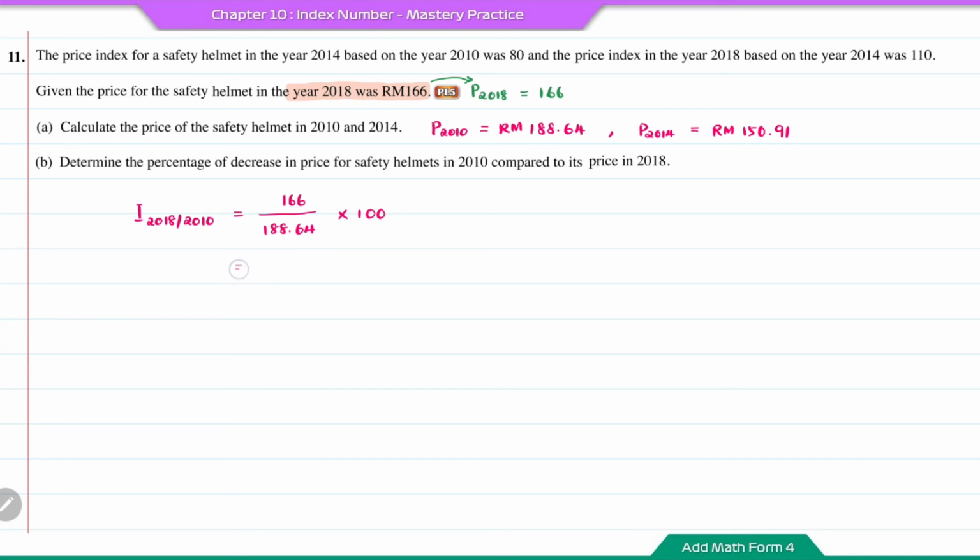The answer of this will be 88. To find the percentage of decrease, we're going to use 100 minus the 88, which is equal to 12%.